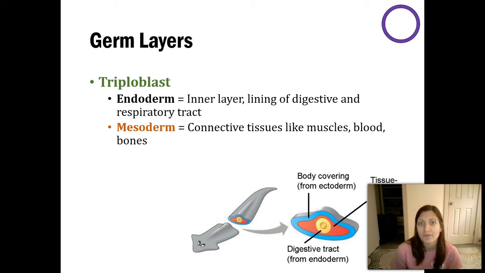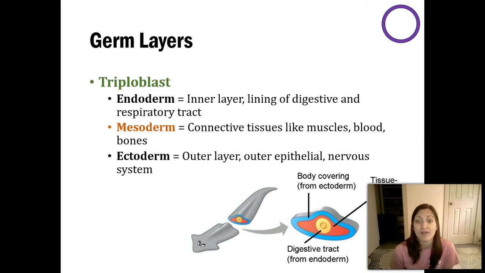The mesoderm has connective tissues. It develops things like muscles, blood, cartilage and bones. So things that are missing in jellyfish and sea anemones. So we have all these different types of tissues that need to be created, and that stems from the mesoderm, or the middle germ layer.